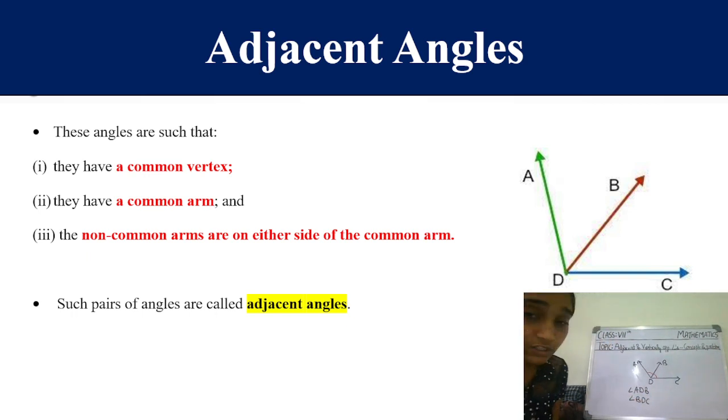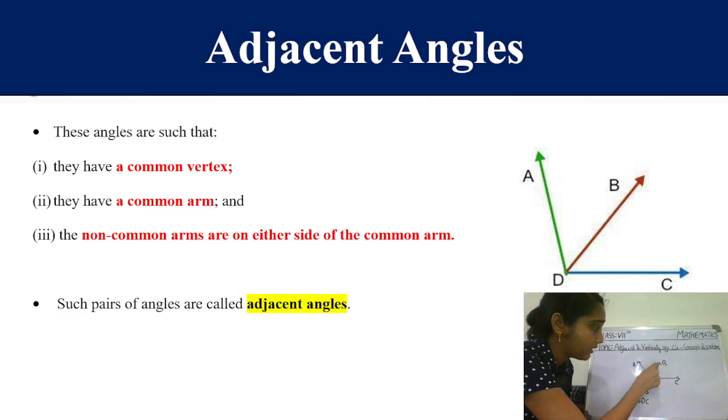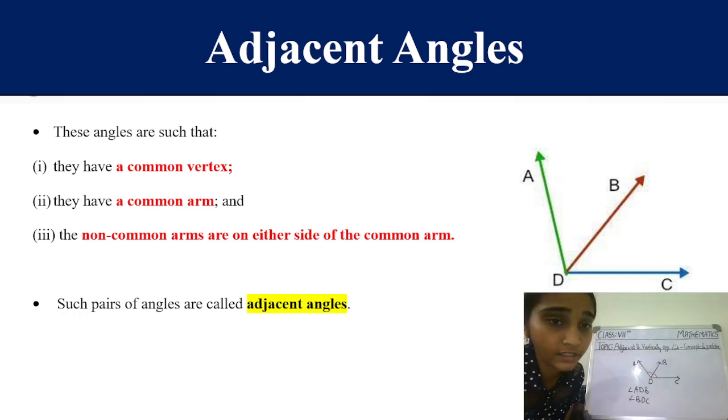if you observe these two angles, similarly on the slide also, you can say they have a common arm, which is BD. BD is common in both these angles, angle ADB and BDC. So BD is the common arm, and D is the common vertex. And the non-common arms are on either side of the common arm.